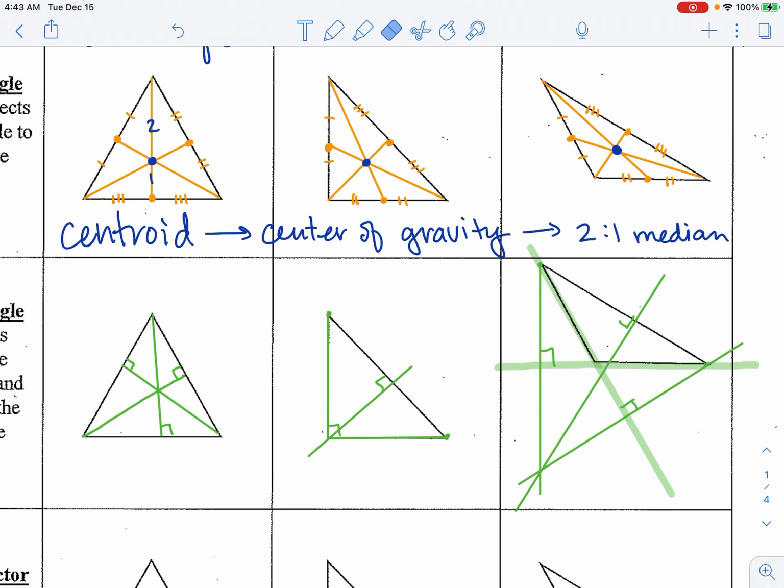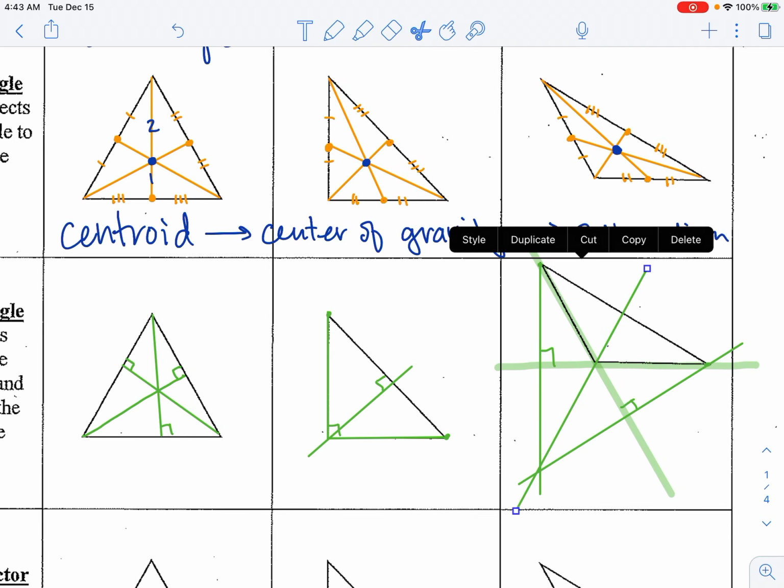Pretend like you didn't see that. Okay. So there's my altitude. Oh my goodness, what is going on here? Pretend like I didn't totally bungle up my diagram and that is actually perpendicular there. We'll pretend it is. Again, all of these altitudes meet in a point.